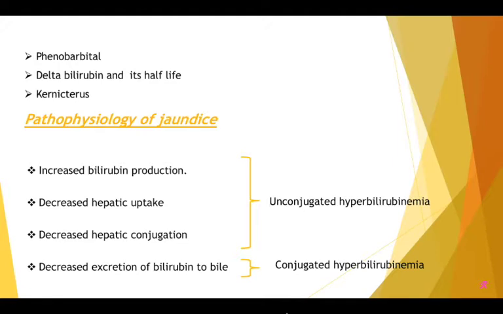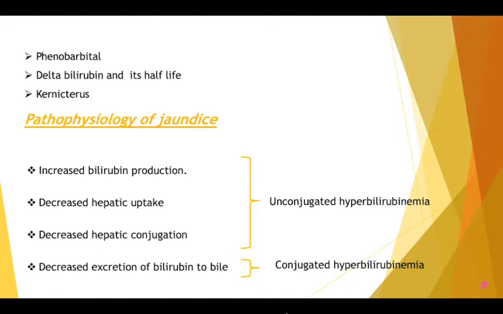So sometimes, if there is any cholestasis, what is cholestasis? It is called obstruction. If there is any obstruction, which means there is damage, or the excretion of bile to the intestine is not taking place. That is, the bile that contains the bilirubin is not getting excreted from the liver to the intestine.